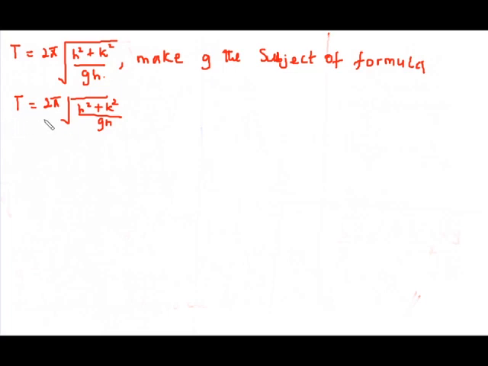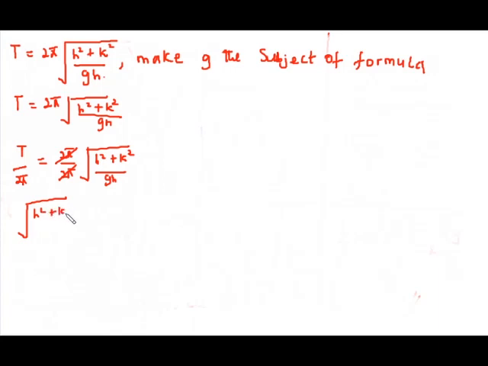So dividing both sides by 2 pi, you'd have T over 2 pi equals 2 pi over 2 pi, and then you have square root of h squared plus k squared over gh. So that 2 pi cancels 2 pi, and then you have square root of h squared plus k squared over gh, which is equal to T over 2 pi.